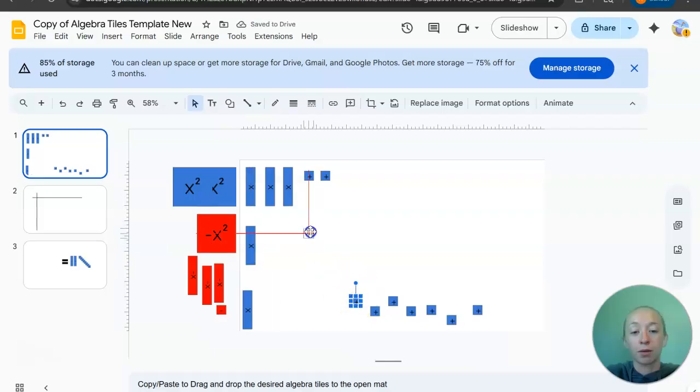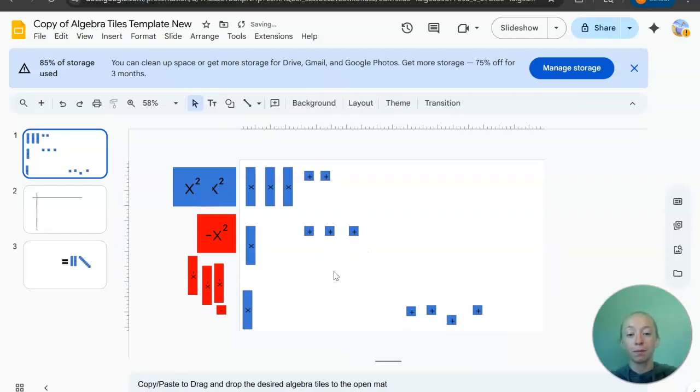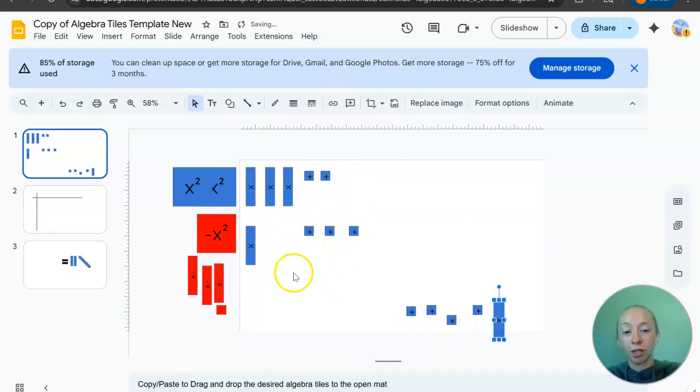I like to lay them out on top of each other, kind of stack them, because I feel like it's a little easier for me to add them all up when we're done. So this is what we have. We have 3x plus 2, and the next parentheses, x plus 3.